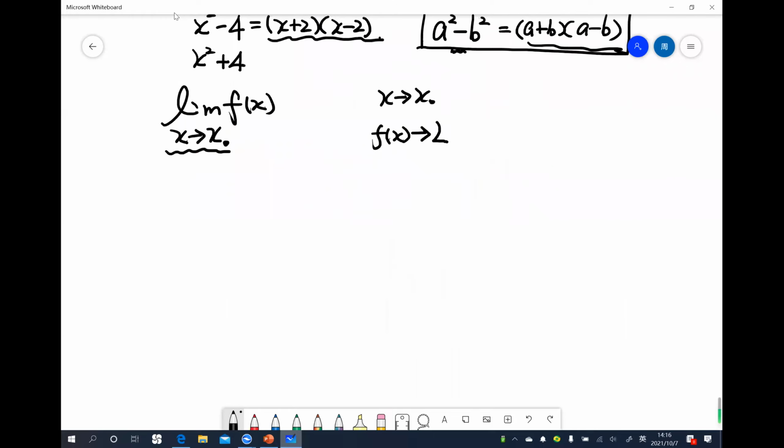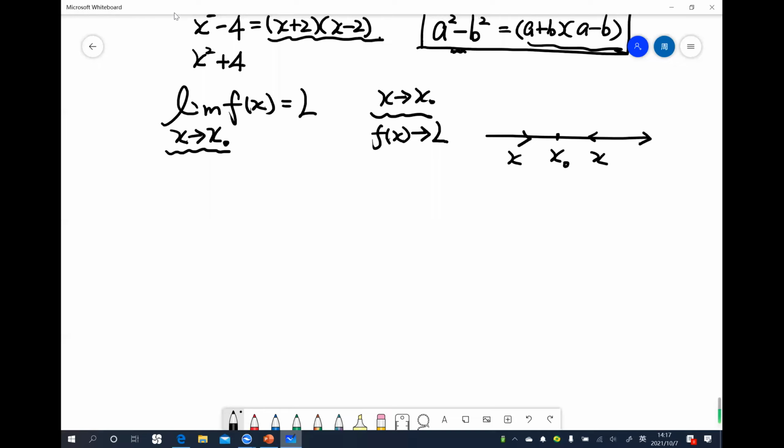We call this number the limit of this function as x approaches x0.